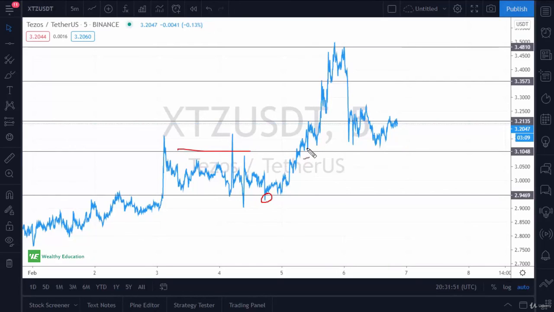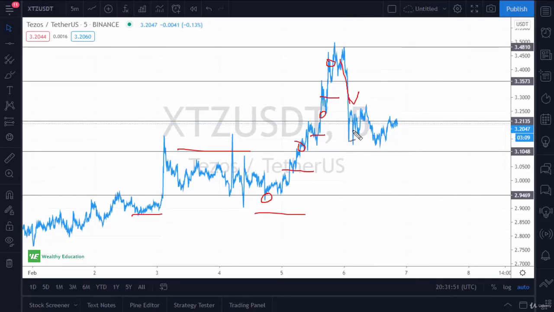So once you break through this, wherever your stop loss is to protect your account, once you break through this, then you lock in some profit. And if you break through here, maybe you lock in a little bit more. And then once you break through here, you lock in a little bit more. And then finally the market comes back and takes you out. But it's a way of letting the market tell you when it's time to get out of the trade.